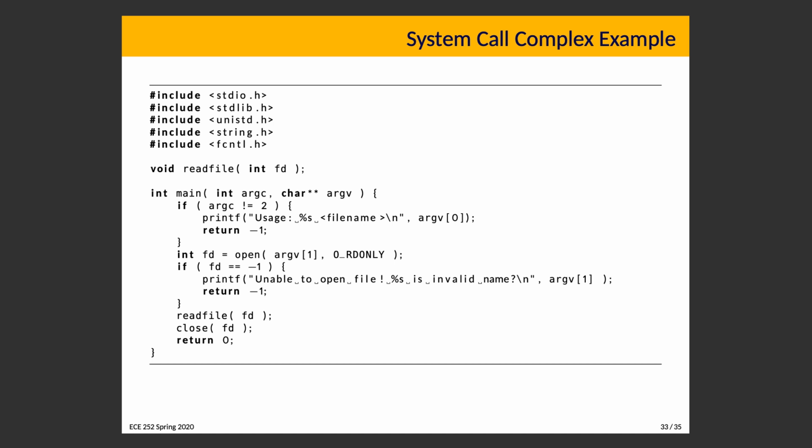There's the standard IO library, the standard library, the Unix standard library, the string library, and the last one here is file control, fcntl. There is a non-zero chance that at some point I will refer to this as function control. That's not correct. It's file control. And just remember that if ever I should say the wrong name.